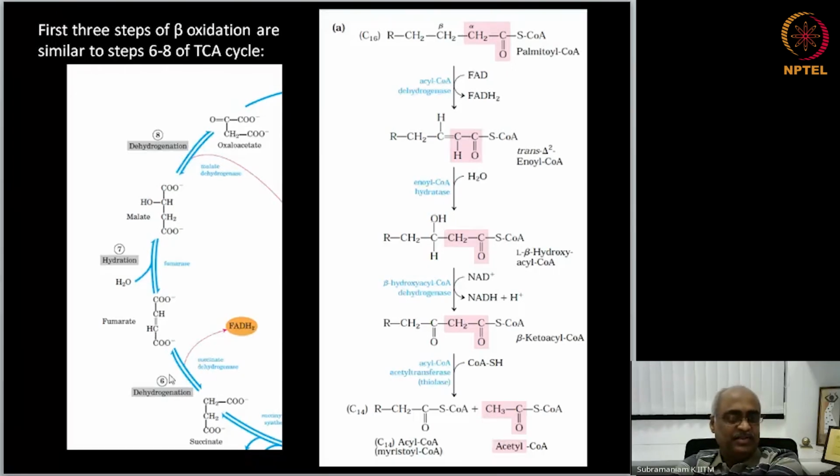So this is part of the TCA cycle, the last 3 steps in the TCA cycle. The succinate is formed by succinyl-CoA synthetase. From alpha-ketoglutarate we get succinyl-CoA, and from succinyl-CoA we get this succinate.